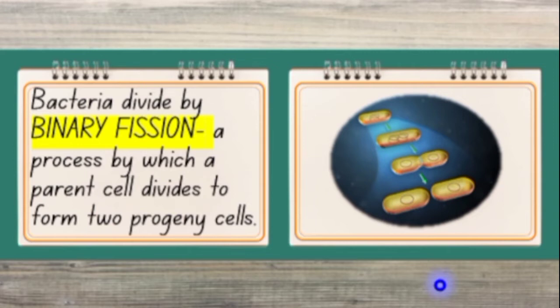Just like eukaryotic cells, which divide through the process called mitosis, bacteria also multiply, but in a different manner, of course. Bacteria divide by means of a process called binary fission, in which one parent cell divides to form two progeny cells.